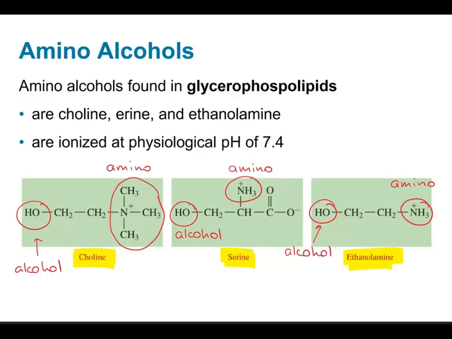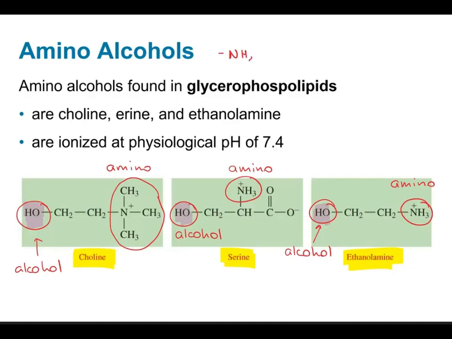So this alcohol group is the one that forms the phosphoester bond. Now, you may wonder why those amino groups are charged. Okay? Now, remember, very quickly, I will remind you how amines behave in aqueous solutions.